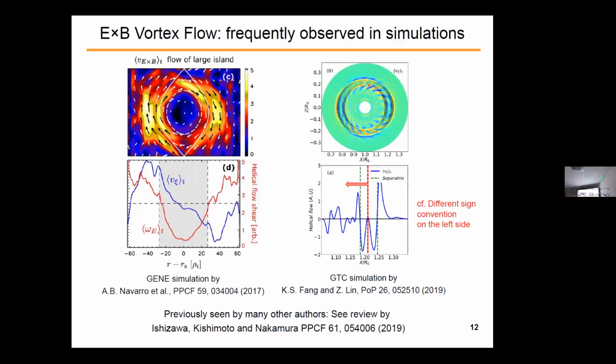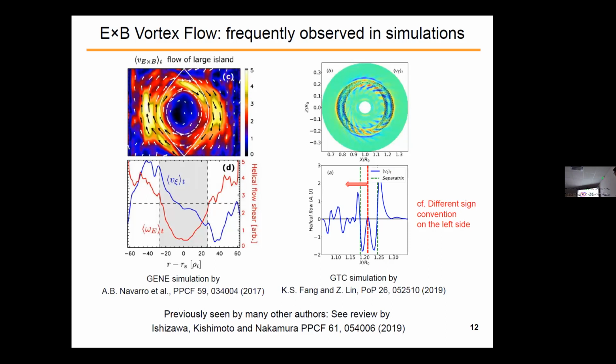And if you do nonlinear gyrokinetic simulations with a static large-size magnetic island and look at the structure of the ExB flow, various gyrokinetic simulations report a vortex structure inside the island.